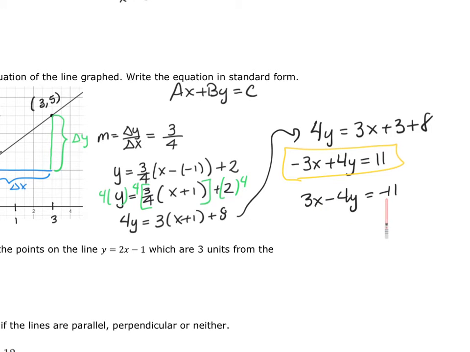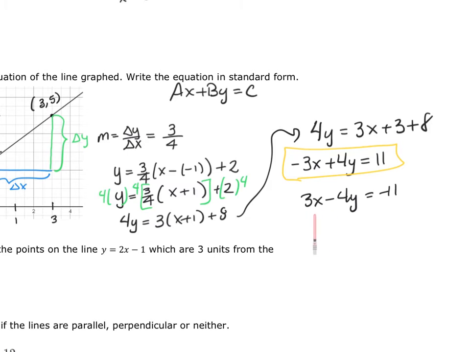And again, in standard form, the coefficients on x and y, and typically the constant, are all going to be integer numbers, so there shouldn't be any decimals or fractions. So this is what it would look like in standard form. I would have a positive x, because we usually start with x being positive, and make sure there are no fractions or decimals anywhere.